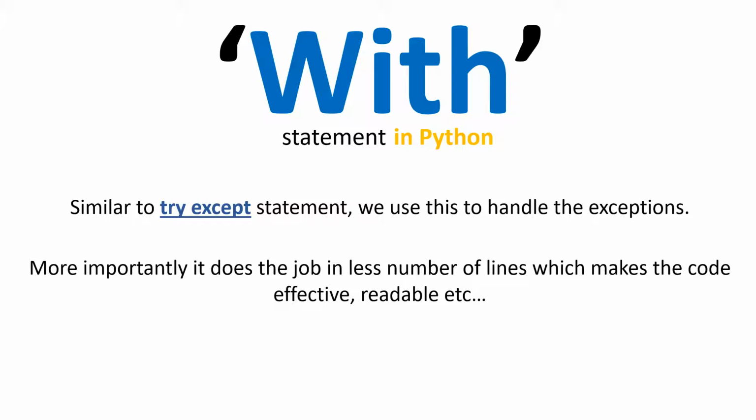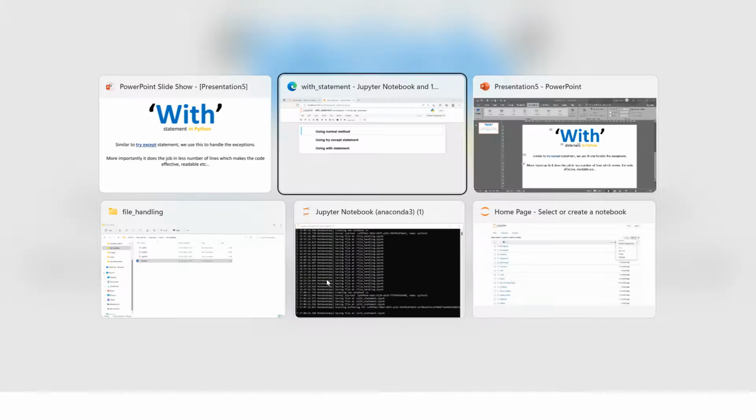But the interesting part is it requires fewer lines in your script, and it does the job effectively, which makes the code more readable and easy to understand, right? So let's jump to the Jupyter notebook and see how we can make use of this.